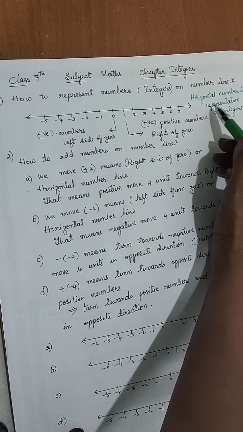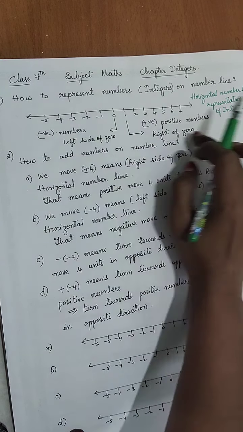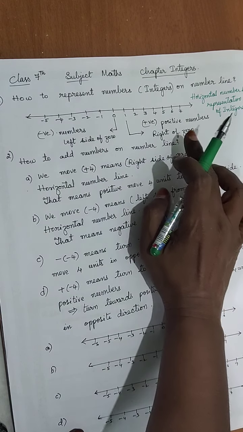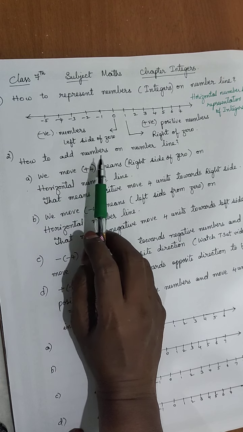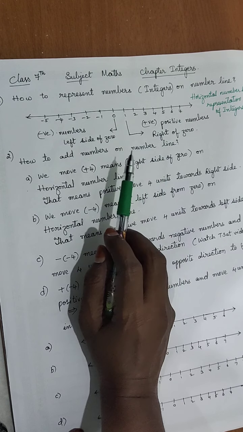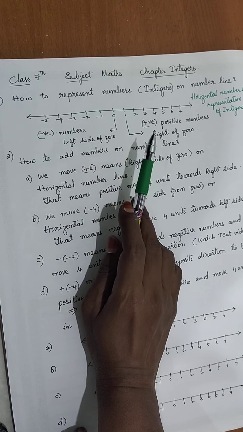Horizontal number line representation of integers, that is the line is horizontal and we are representing integers on this number line. Now how to add the numbers on this number line? That means using these number lines, how to add the numbers?